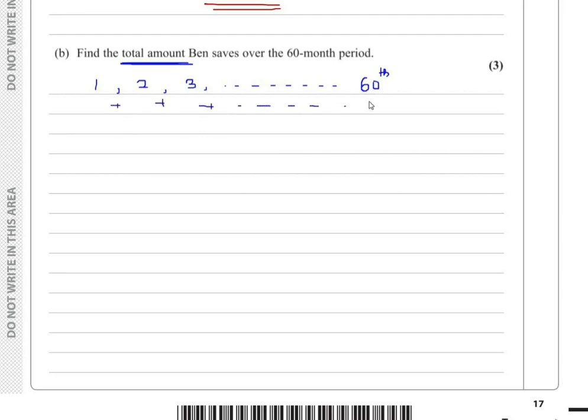Since there is a total amount of addition of all the months, it means we have to find the sum, Sn. So the sum formula is given as Sn equals n over 2 times 2a plus n minus 1 d.